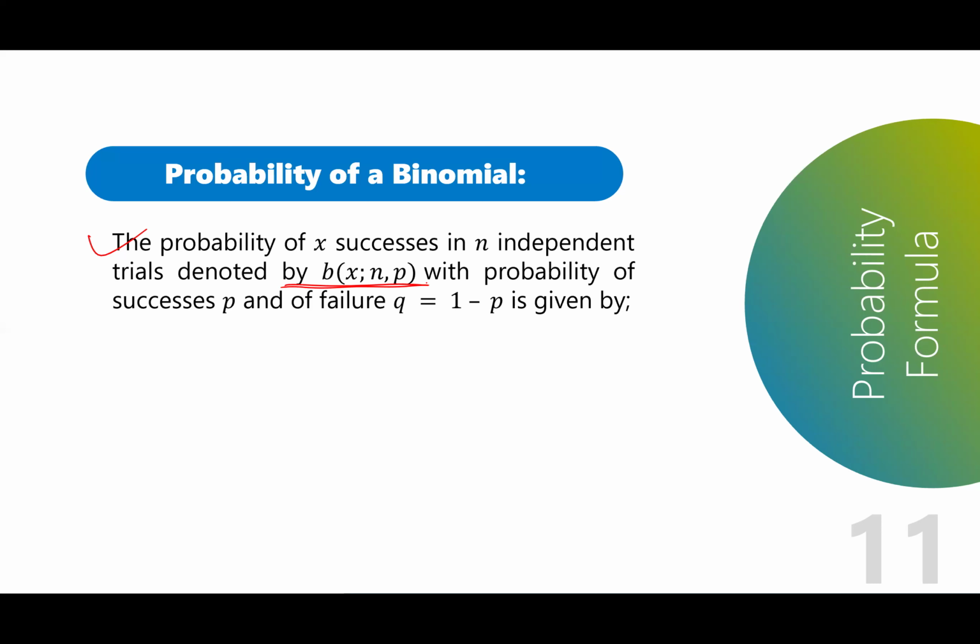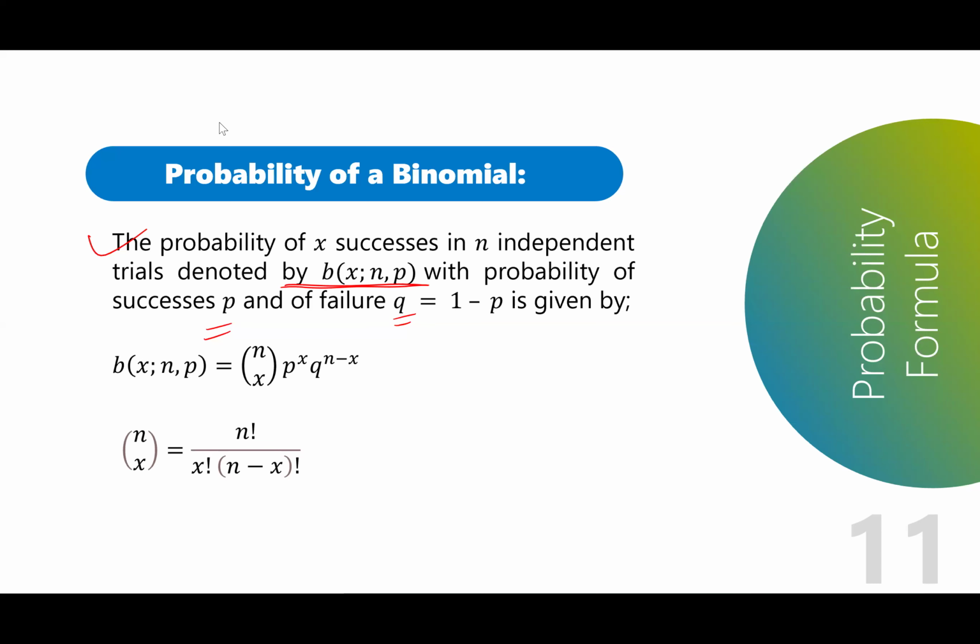You can see on the screen there, denoted by B(X, P), with the probability of success P, versus Q, is given by that formula right there. Okay, let us get to that in the next 2 minutes.